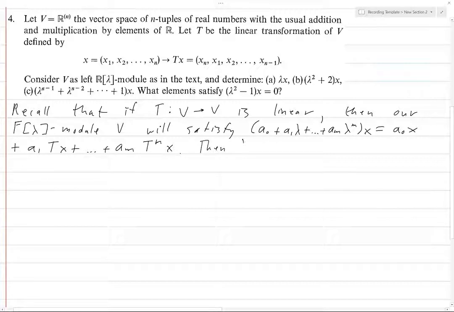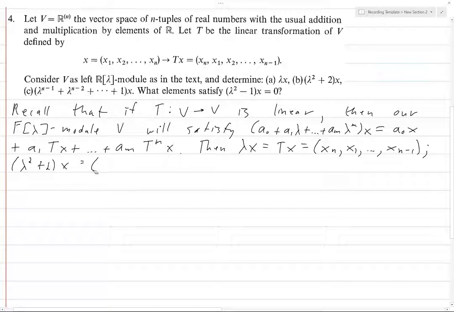So then lambda x, what is this? This is just T of x, which is obviously xn, x1, up to xn minus 1. Okay, so that's that. Now this next one, we have lambda squared plus 2 applied to x. The lambda squared is going to become T squared x.